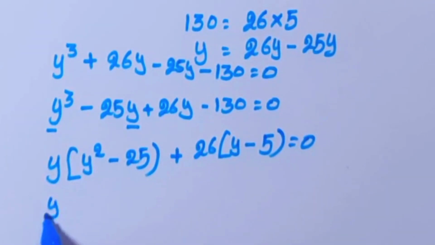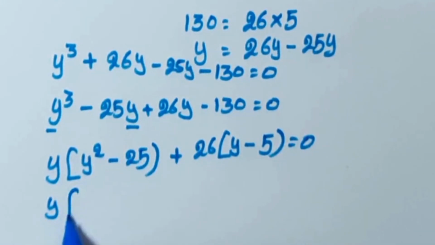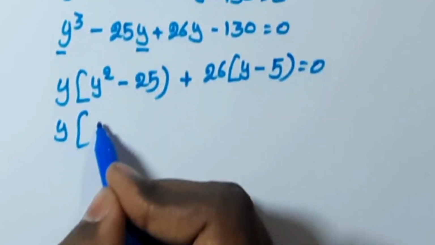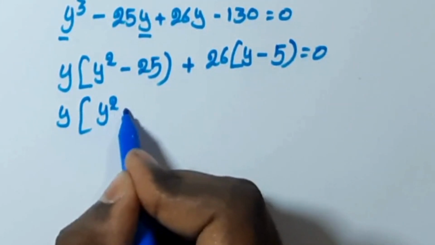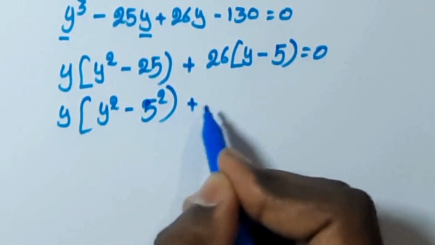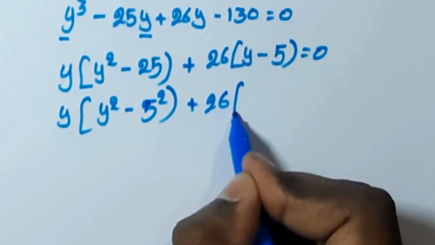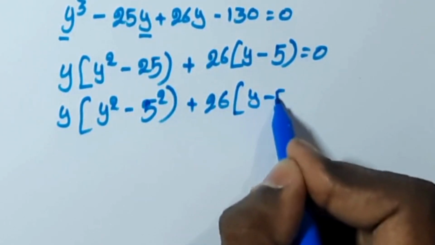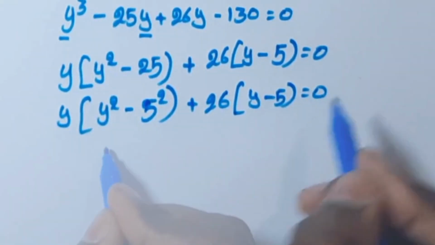Now y open bracket y square minus 5 square close bracket plus 26 open bracket y minus 5 close bracket equal to 0.